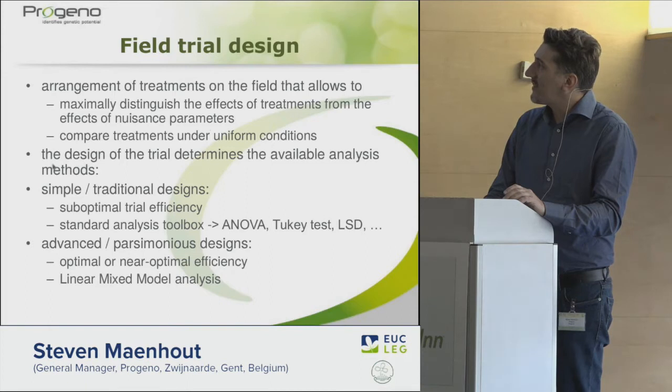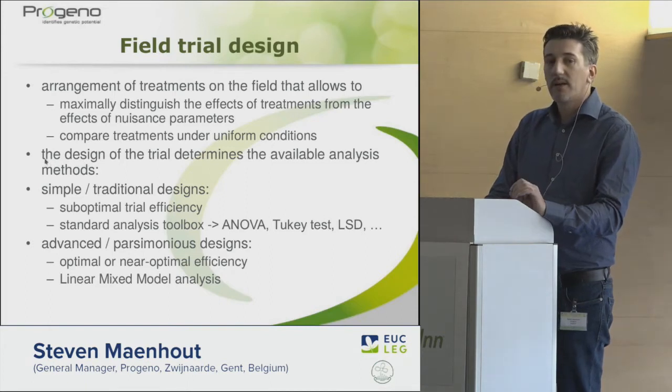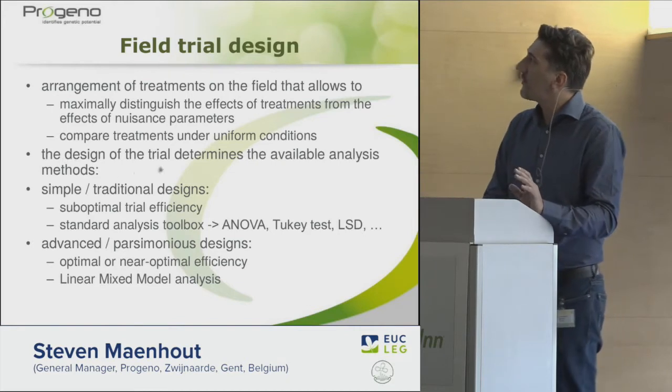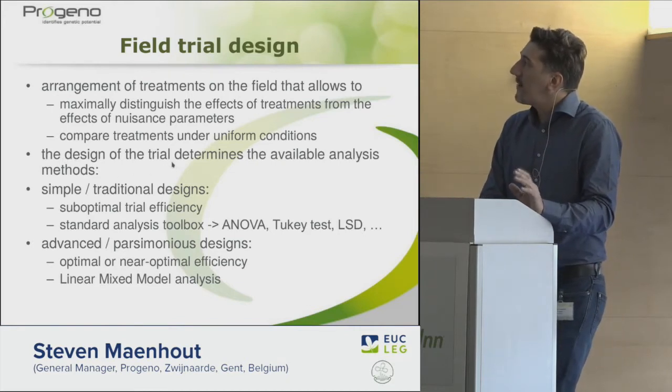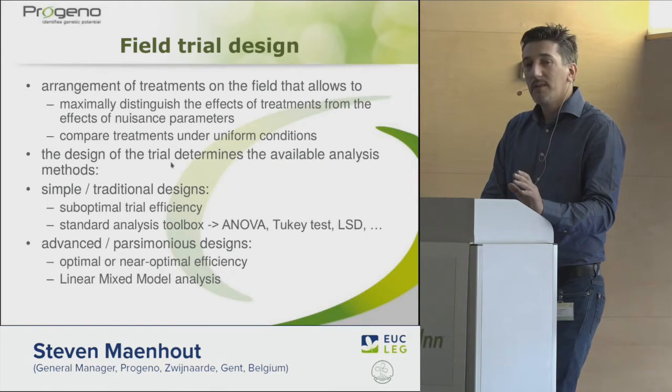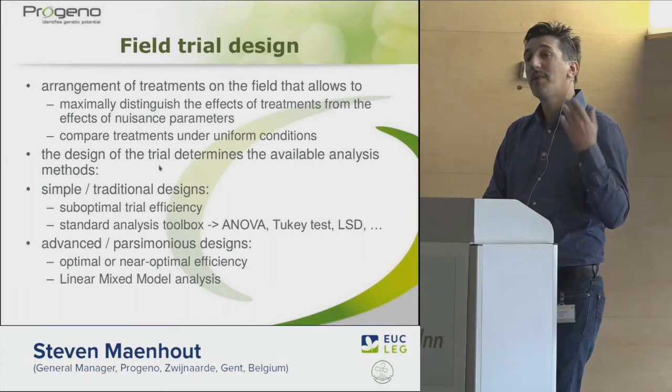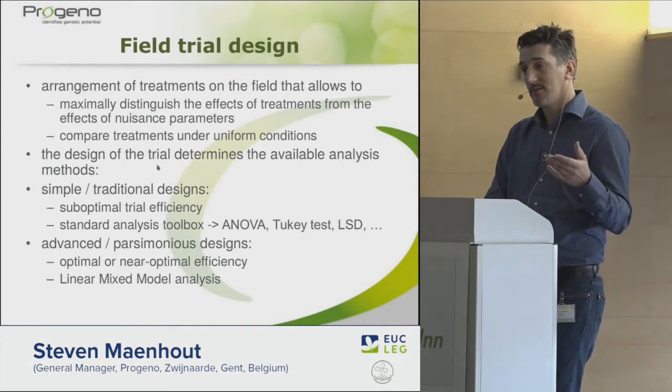Now, what is less known, although I think it's been clear now during the UCLAC project, is that the design you choose for your trial very much determines the availability of analysis methods that you will be using afterwards. So, when you're considering certain trial designs, you're actually already implicitly deciding on how you will analyze it later on.